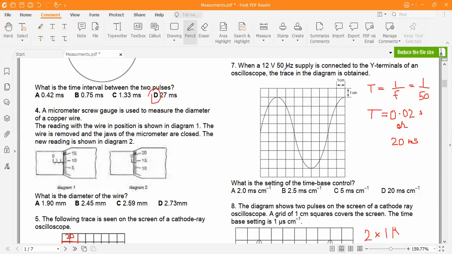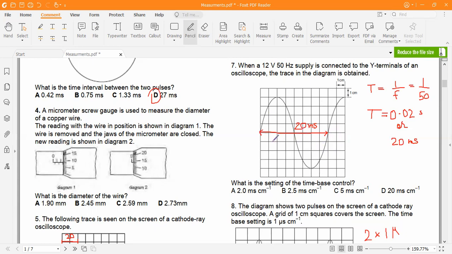That means this part over here represents 20 milliseconds. Do you understand this point? Because t is the time period of a wave, the time taken by the wave to complete one oscillation, and this is the time taken by the wave to complete one oscillation.